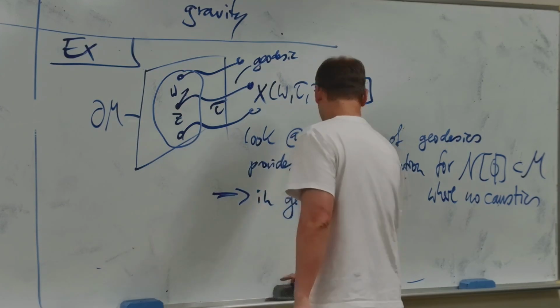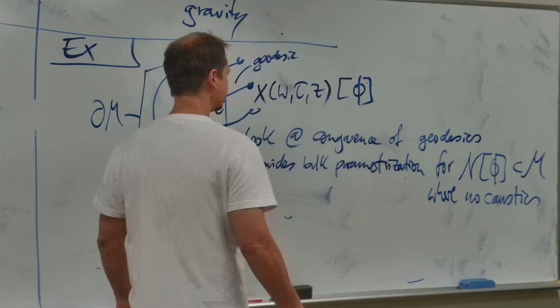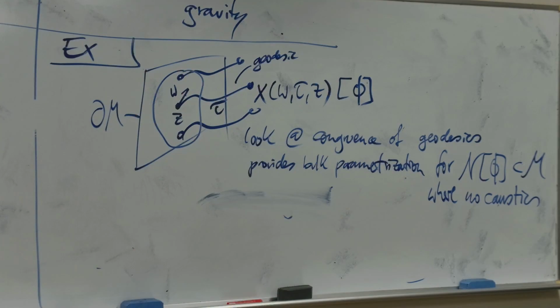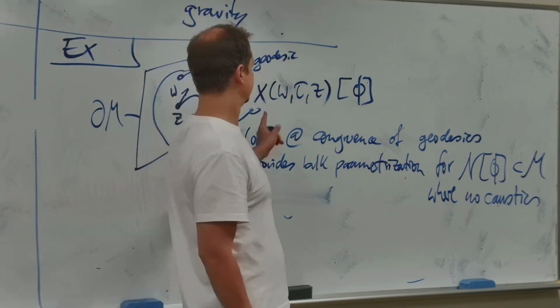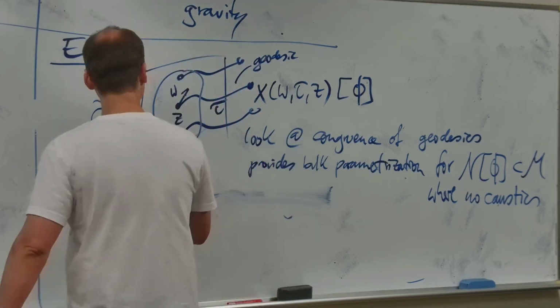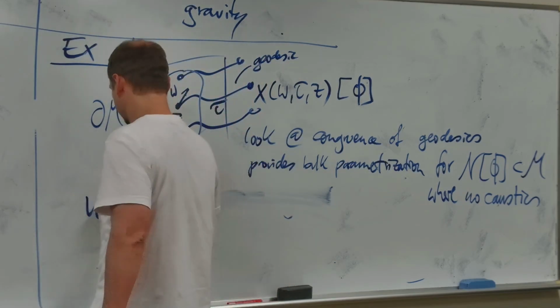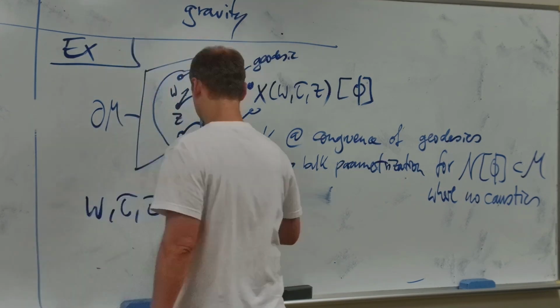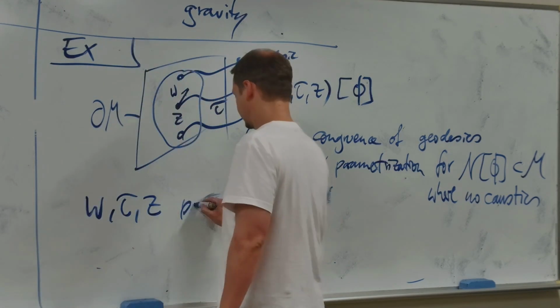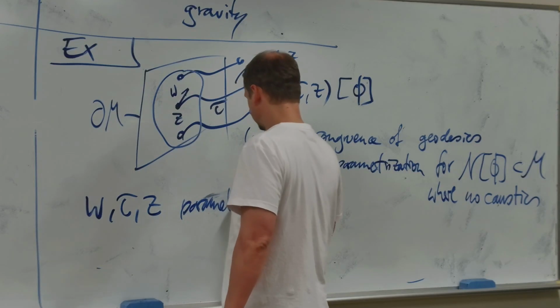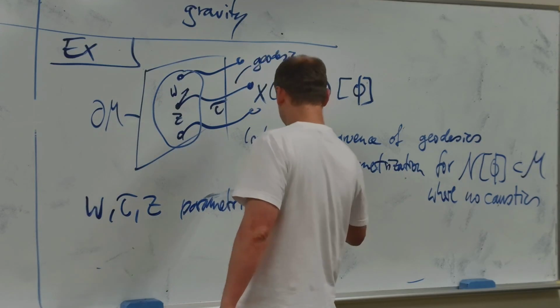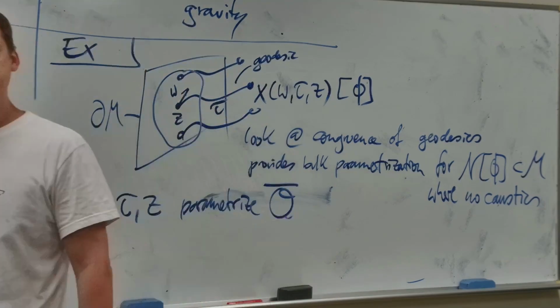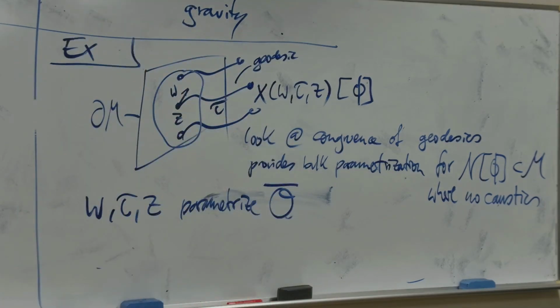Well, I haven't really defined R yet, so maybe I shouldn't write that yet. I hope you get the idea of what I want to say. So now what we can say is that this W, tau, and Z parameterize, let's call it O bar, which you can call an orientation space.